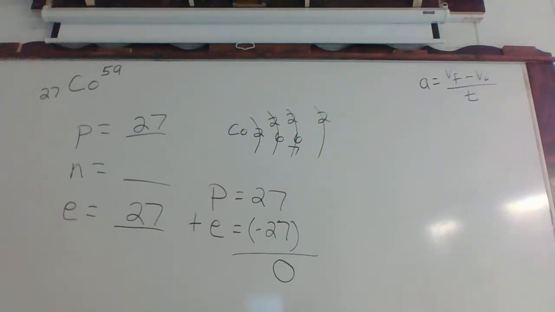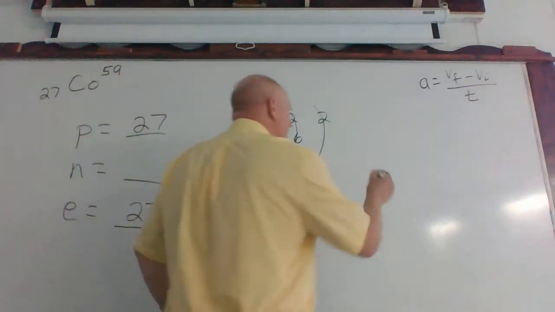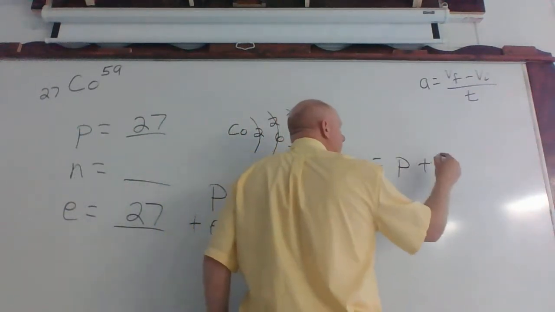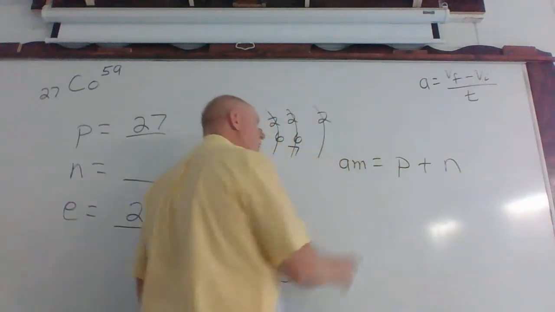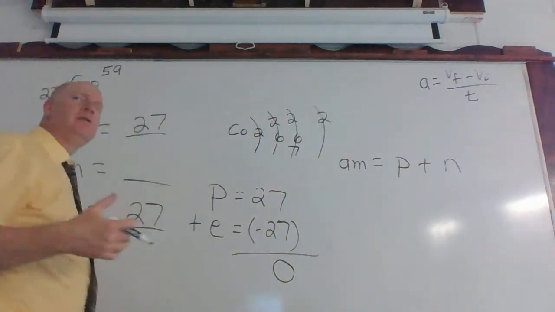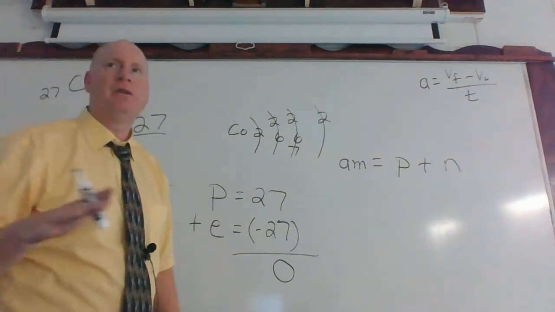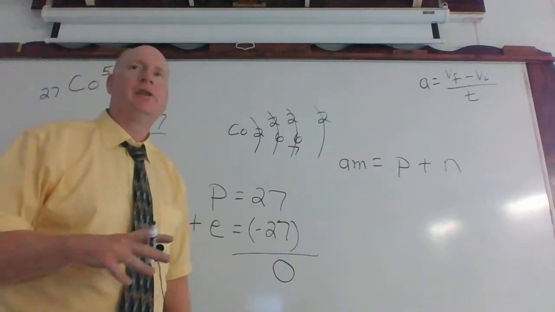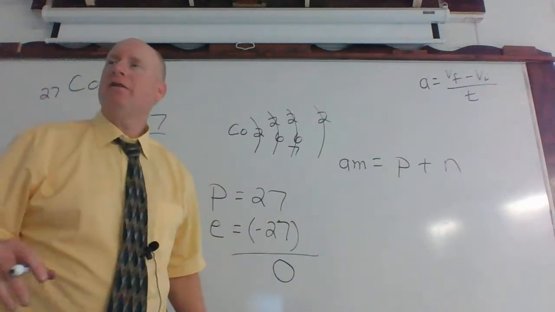Okay. So the total mass of this cobalt is 59. And that comes from the nucleus. But what else is found inside the nucleus besides the protons? The neutrons are. So the atomic mass equals the number of protons plus the number of neutrons. That's your basic equation. Then just using your algebraic skills, which you all excel in, right? Just in case Miss Doctor decides to look in on this, you can say, yeah, we mentioned her in class.